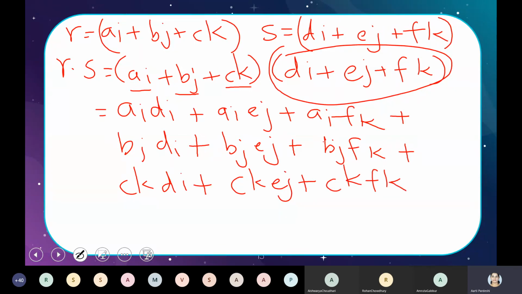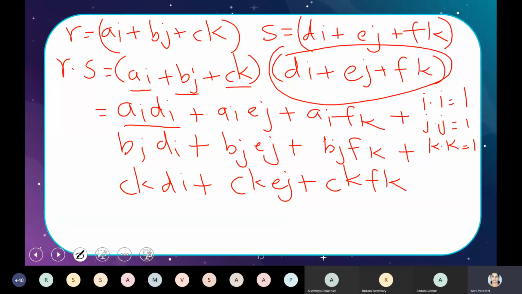Some common terms you know, formula: I into I, J into J, and K into K is what? Do you know it? 1. Very good. It is 1.